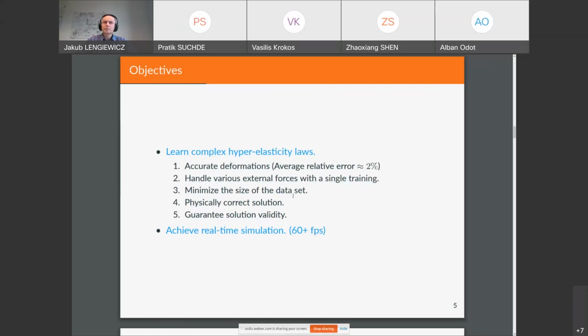The physically correct solution implies way stricter errors than the simplest accurate deformation. And also we will guarantee solution validity using a solver after this. And we qualify real-time deformation as being 60 plus FPS, but we will see that it's quite easy to achieve this.